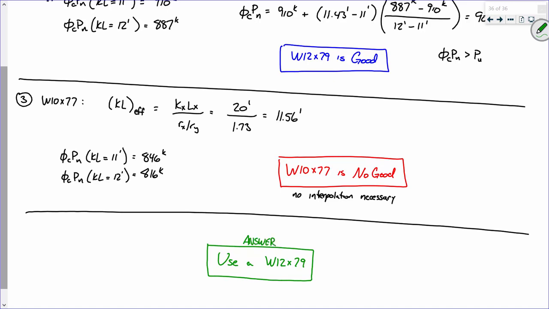And I'm going to put a note here on the side. You need to verify the capacity.